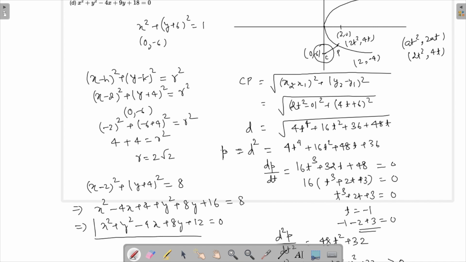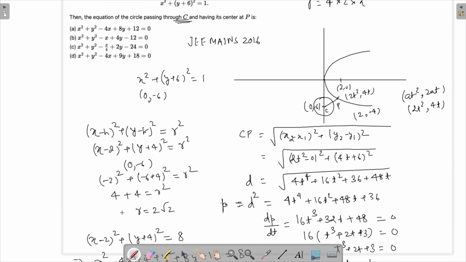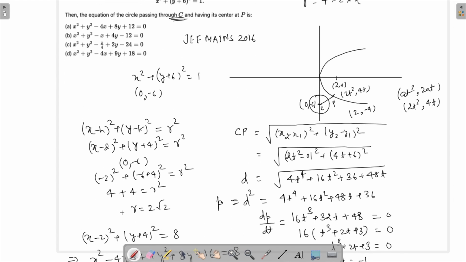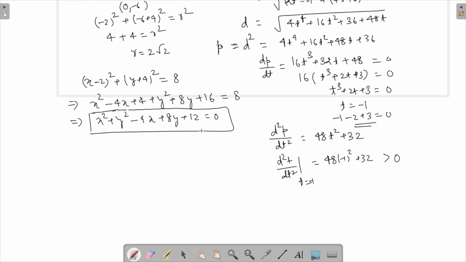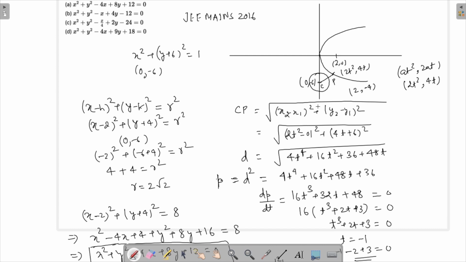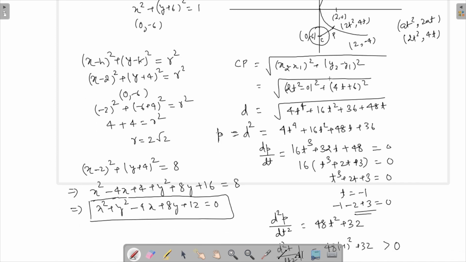So this is what will be my final equation of the circle. And this is my first option, x square plus y square minus 4x plus 8y plus 12 equals 0. So that is my equation of the circle which passes through point C and is at the minimum distance from the center of the circle.